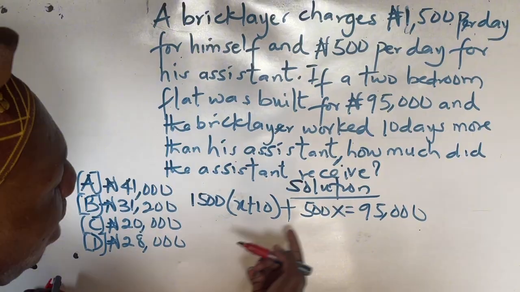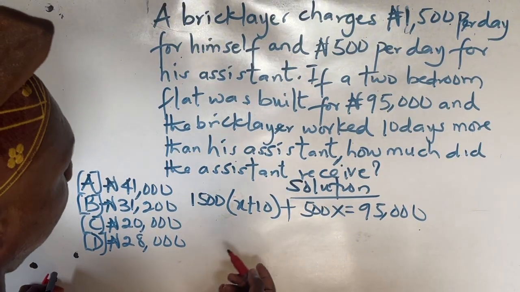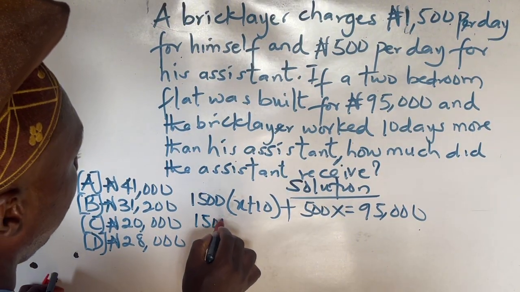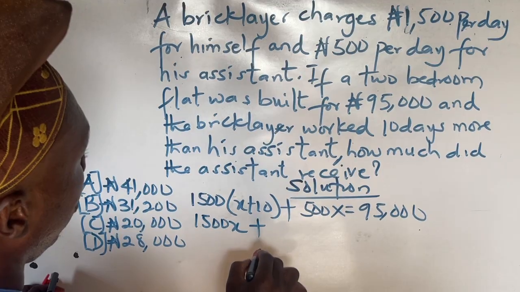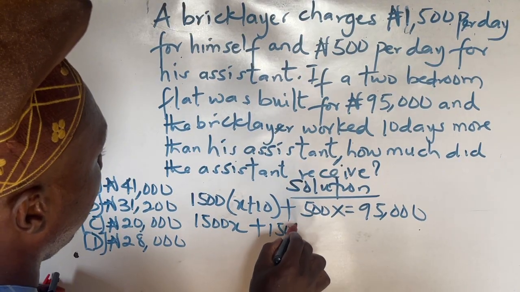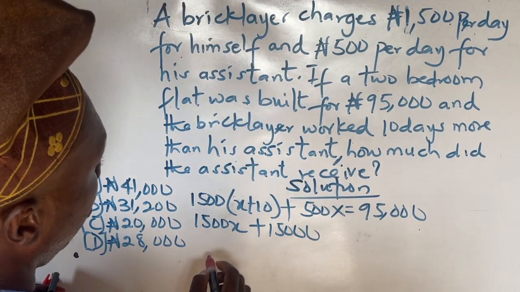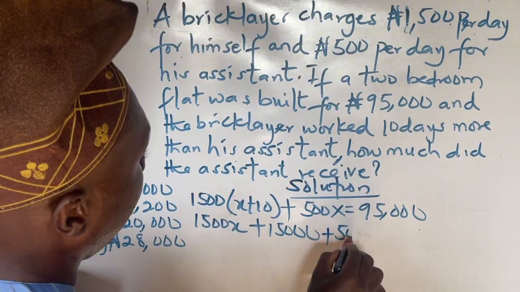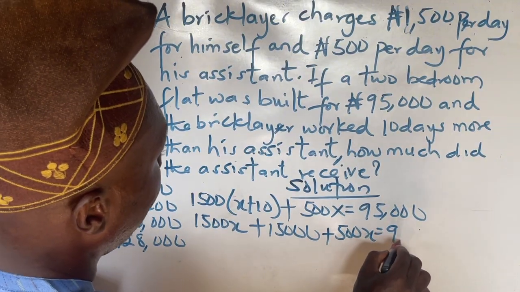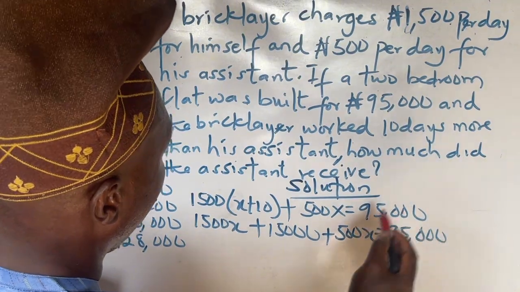So when we open the bracket very well, we have 1,500x plus 1,500 times 10, that is 15,000, plus 500x equals 95,000.